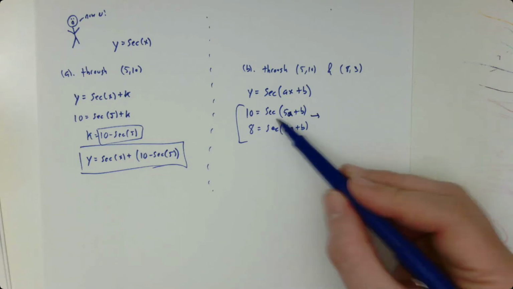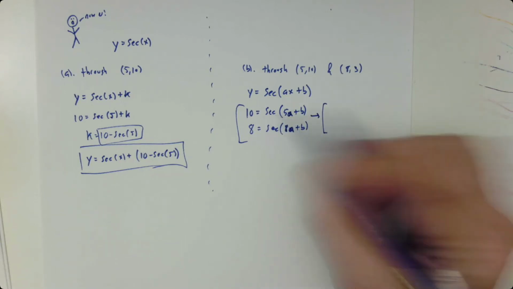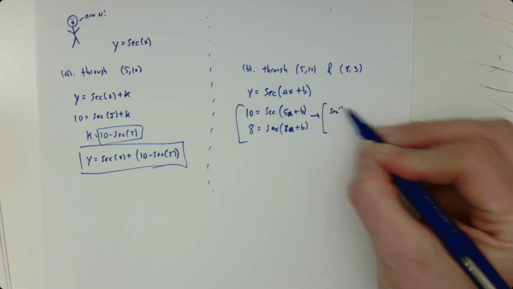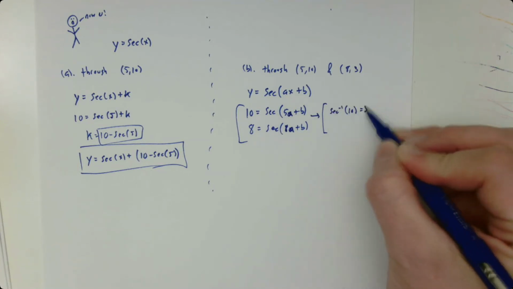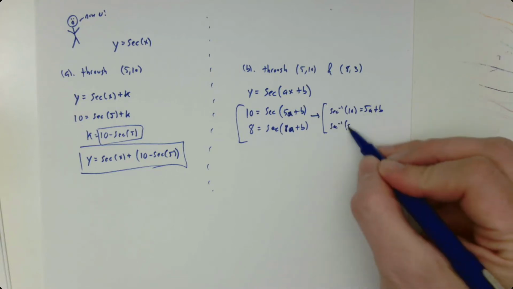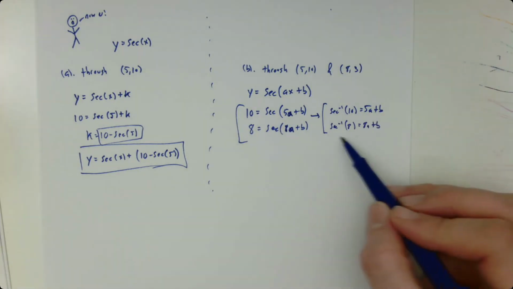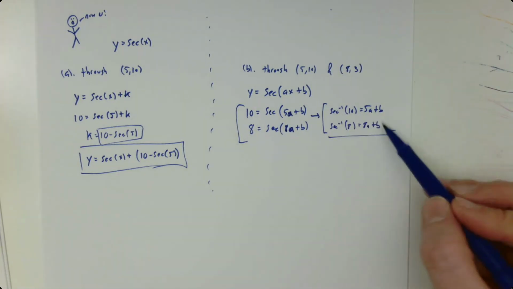Right away I want to choose some alternative transformations, but let's go ahead and try and do inverse secant of both sides. So inverse secant of 10 equals 5a plus b. Inverse secant of 8 equals 8a plus b. All right, maybe this is all right. Let's subtract. So b minus b is 0.